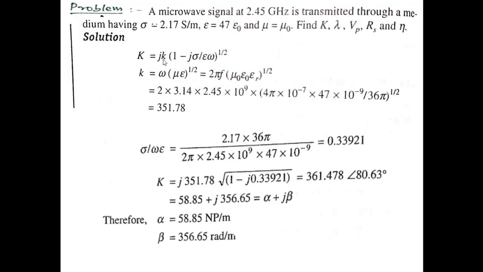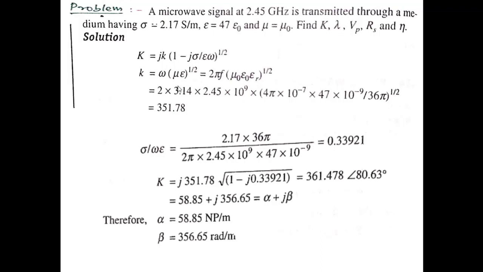So the propagation constant K or gamma is given by j K times (1 minus j sigma divided by omega epsilon) raised to 1 by 2, where K is equal to omega into (mu epsilon) raised to 1 by 2, equal to 2 pi f into (mu naught epsilon) raised to 1 by 2.